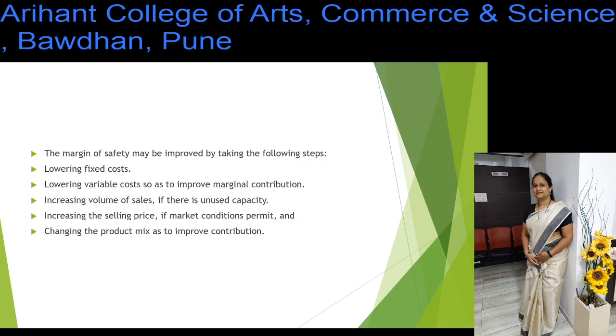The margin of safety may be improved by taking the following steps: lowering fixed cost, lowering variable cost so as to improve marginal contribution, increasing volume of sales, if there is unused capacity, increasing selling price if market conditions permit, and changing the product mix so as to improve contribution.